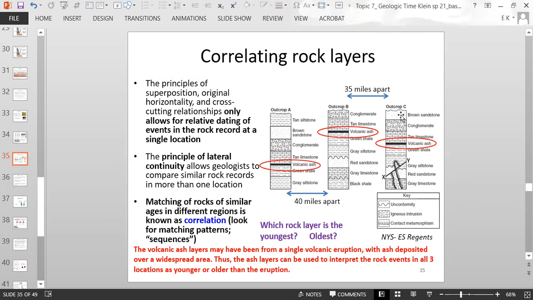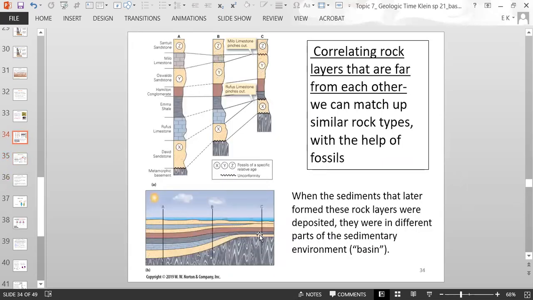So in this picture, you have outcrop A, outcrop B, and outcrop C. Outcrop A and B are 40 miles apart. Outcrop B and C are 35 miles apart. Okay, but because of lateral continuity, we know that the rock layers that we don't see in between used to be continuous.